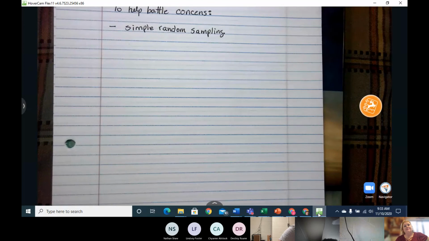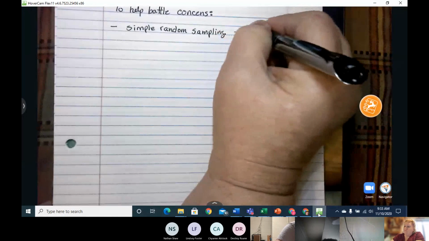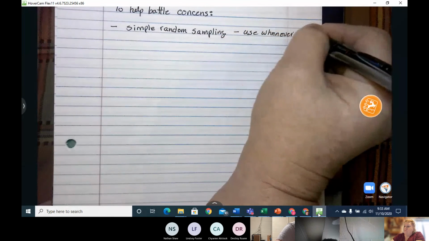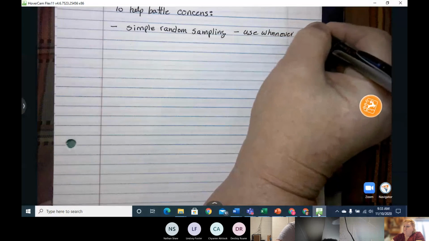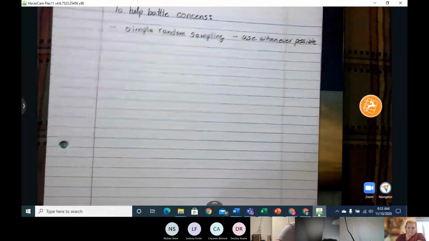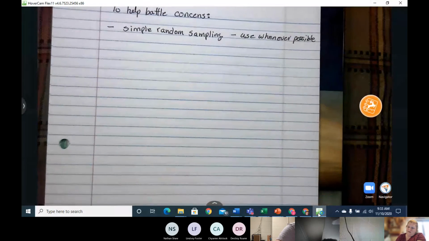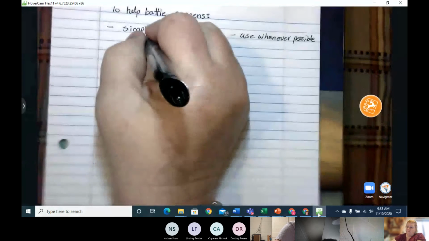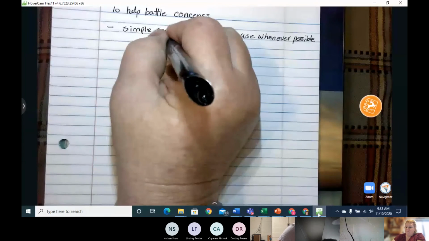However, it's one of the most difficult things to do. The thing about simple random sampling is you have to include every single object.